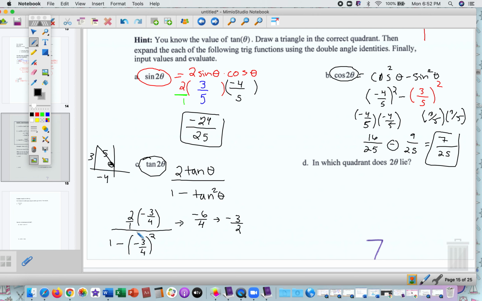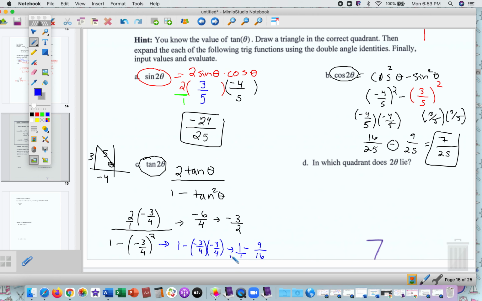And then in the denominator, I'm first going to write 1 minus, so it's negative 3/4 times negative 3/4. So we're going to have 1 minus, negative 3 times negative 3 is 9 over 16.